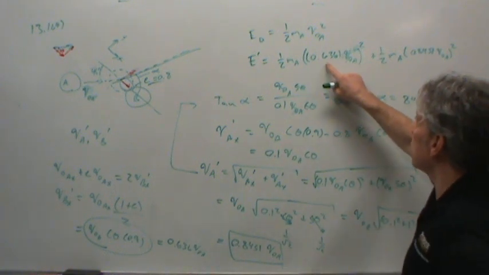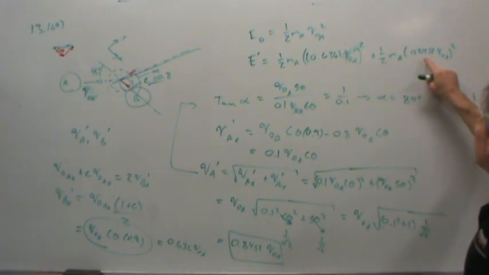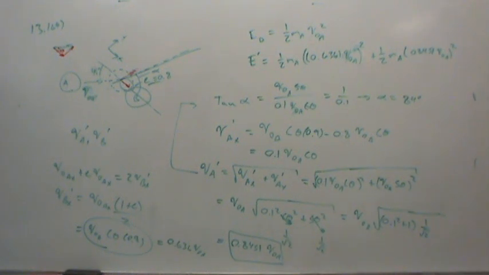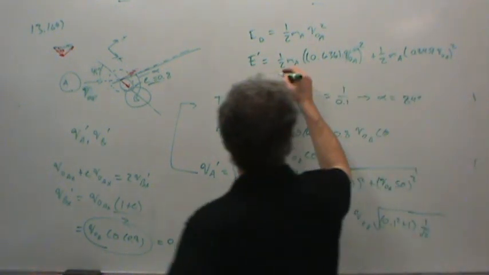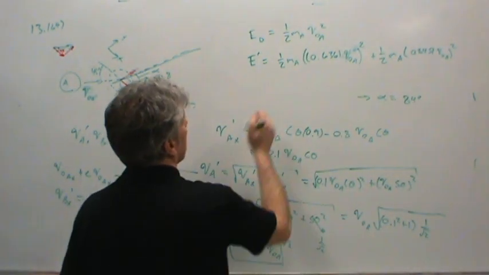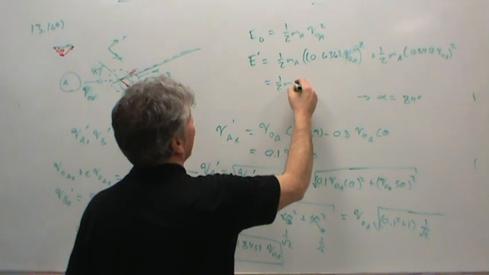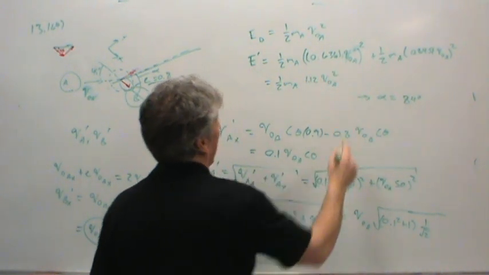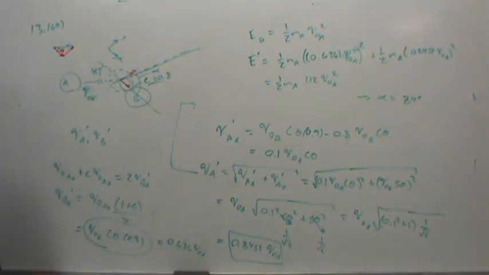Take 0.636 squared, add to it 0.8451 squared, and what do we get? 1.12. Uh-oh. Either I've made a mistake somewhere, or we found a way to make perpetual motion machines a reality. I've made a mistake somewhere, I don't know where.